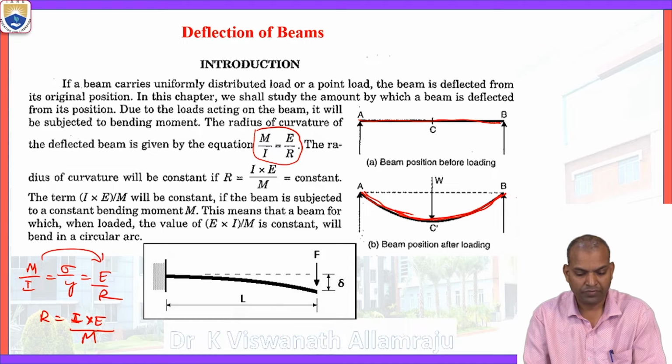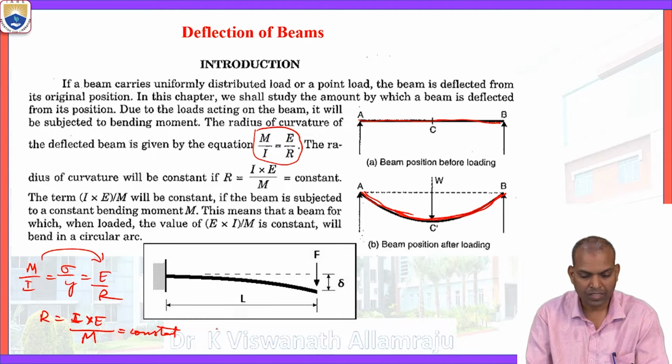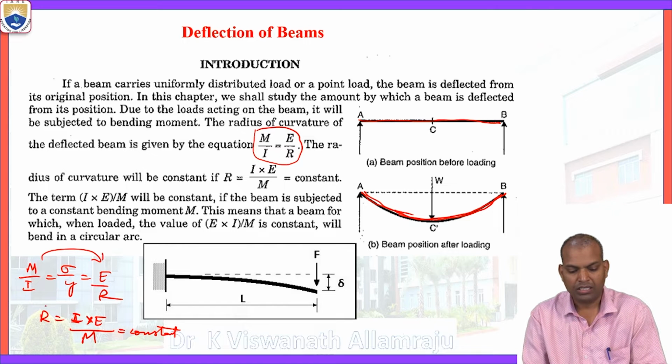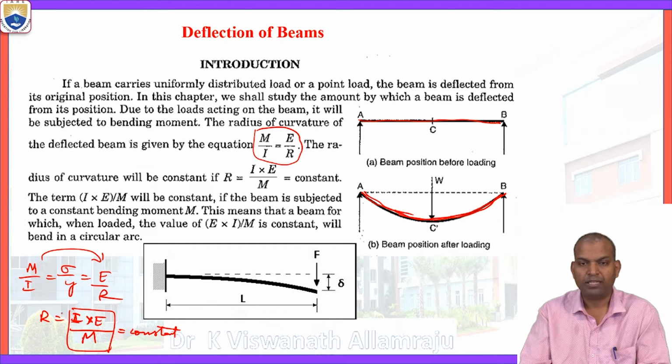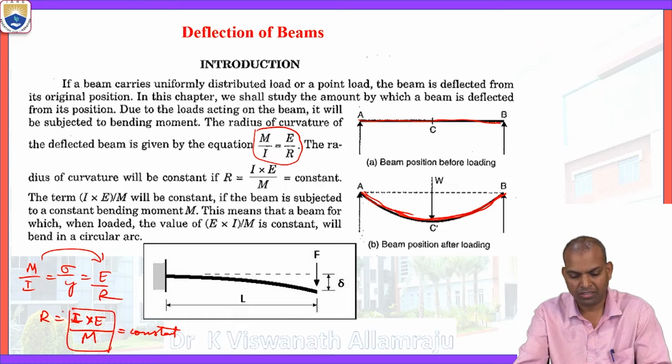The curvature R becomes constant. So the term E by M will be constant if the beam is subjected to a constant bending moment. This means that when the beam is loaded, the beam will bend in a circular arc.